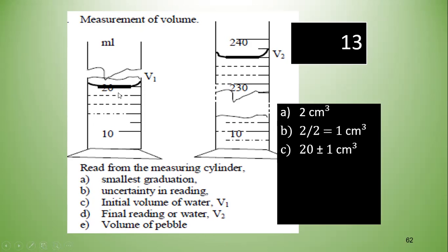So our initial reading is 20 plus or minus 1, and the final reading is 230, 240. Each of these is 20, 40, 60, 80, 100.